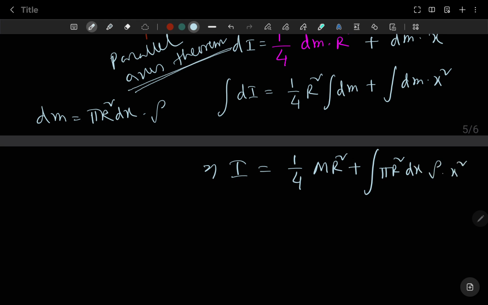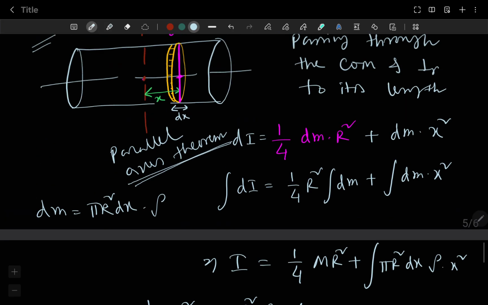So I becomes 1 by 4 M R square plus pi R square rho, a constant taken out of the integral, times integral x square dx.